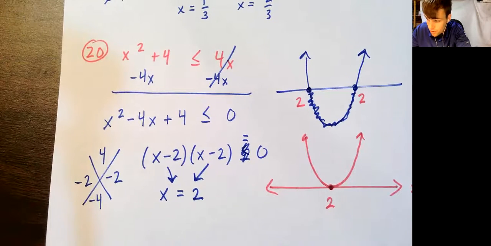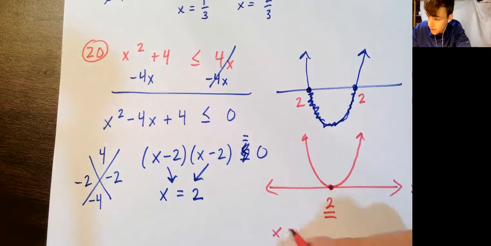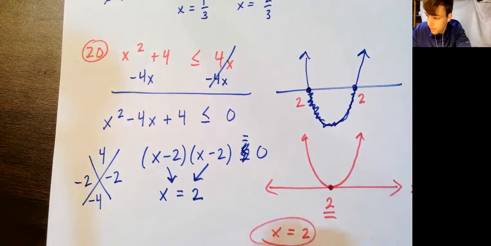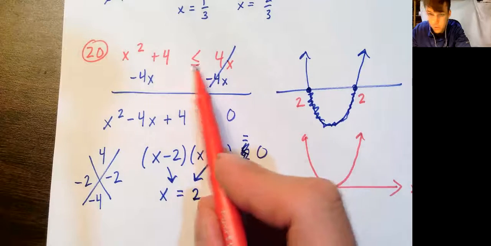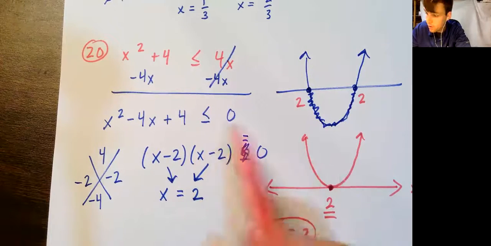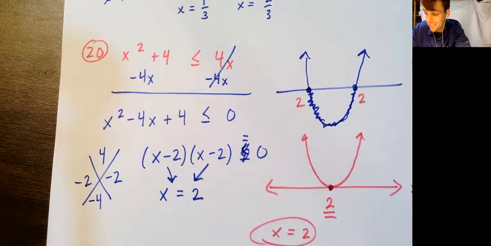So our solution to this inequality is actually just a single number, only 2. X equals 2. That is the only spot where our parabola is equal to 0 or below it. In this case, it never gets below it, but it does get equal to.